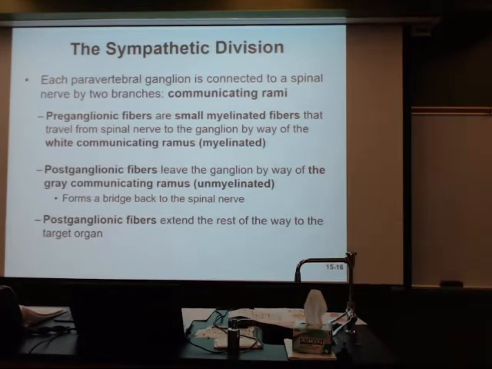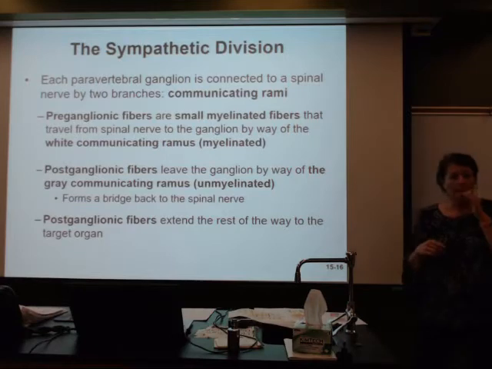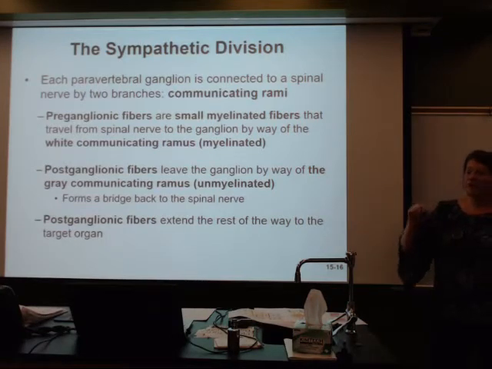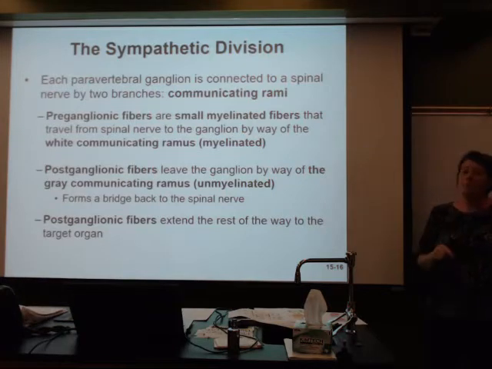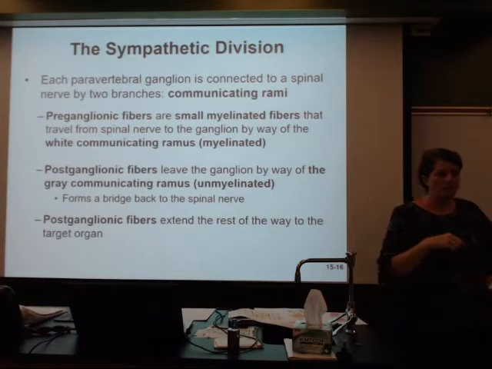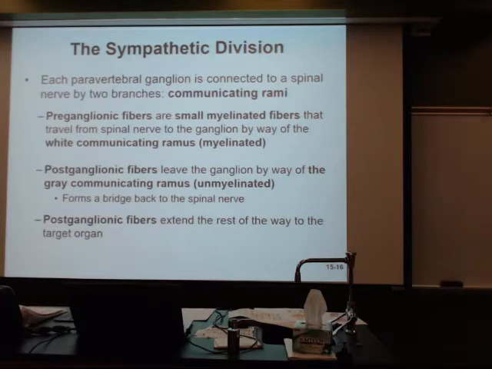If you remember from part 1, rami is a projection. Therefore, we're going to have some projections for communication. The pre-ganglionic fibers, the ones that they're showing in green, are small and myelinated. Myelin is present.